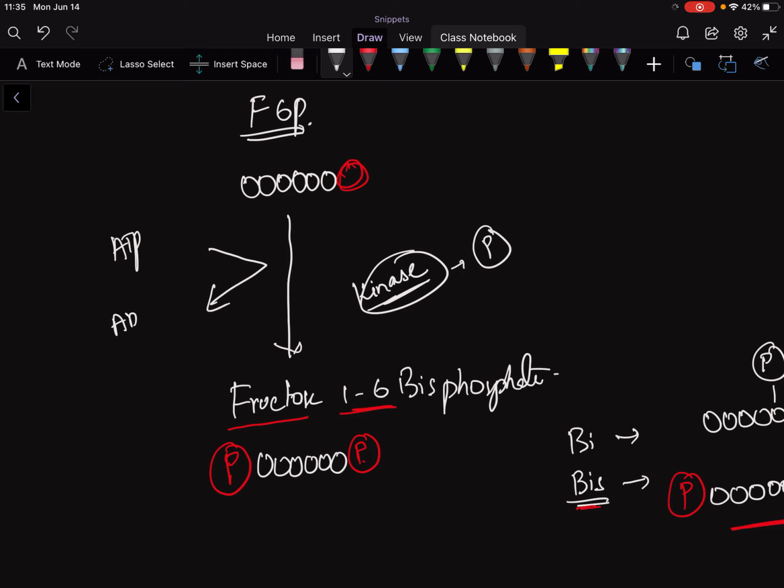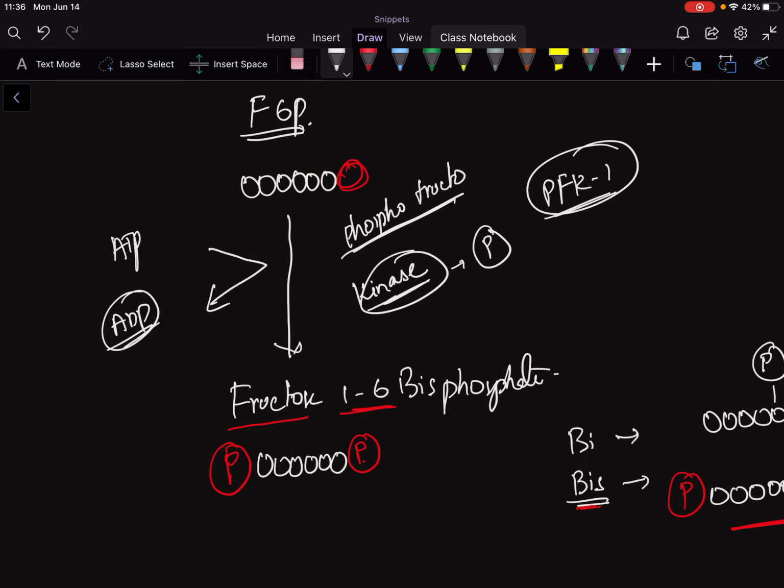ATP is converted into ADP, and a phosphate is added to the first position. So what is the enzyme here? A phosphate group is added to fructose, so it is phosphofructokinase 1, or you can say PFK1. PFK1 is getting this phosphate on the first position.